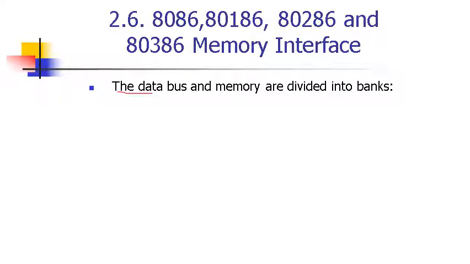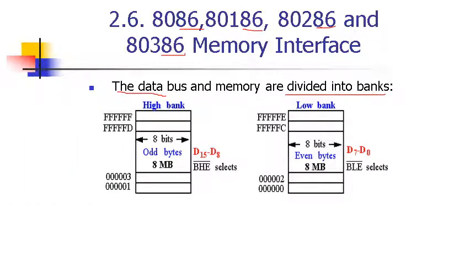Okay, so now in these 86 series, where your data bus is composed of 16 bits, you would have to divide your memory into two banks. A low bank, low because the beginning address is 0, and a high bank, high because your beginning address is 1.